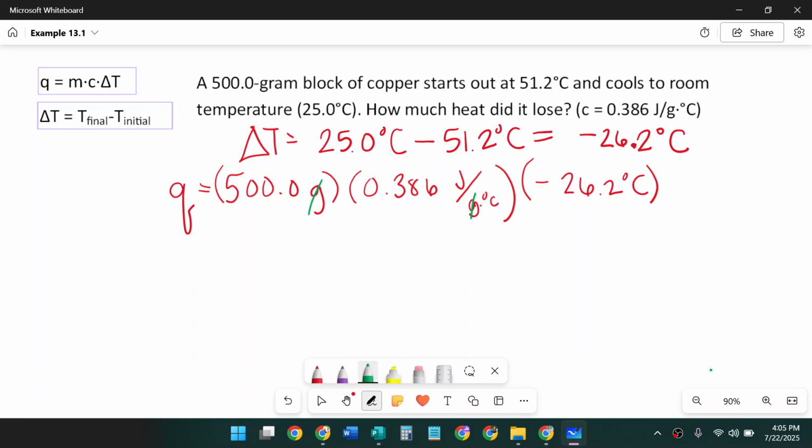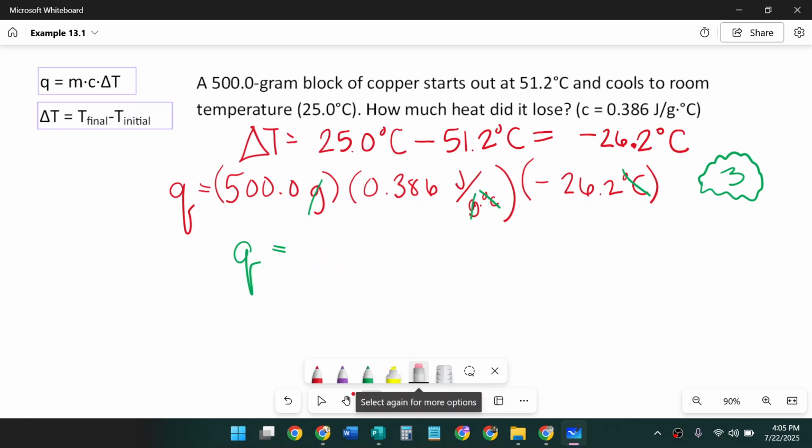So our grams will cancel, our degrees Celsius will cancel, and what we're going to be left with is just those joules. Now before we do that, let's look. We have 4 significant digits in this one, 3 in this one, and 3 in that one. So when we multiply, just so I can remember, I need to have 3 significant digits in my answer.